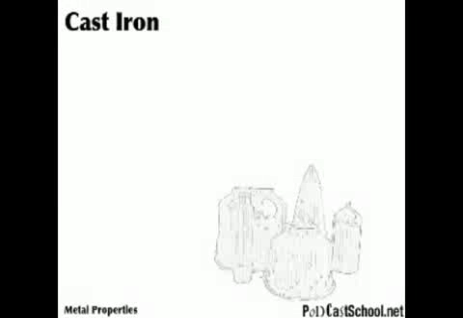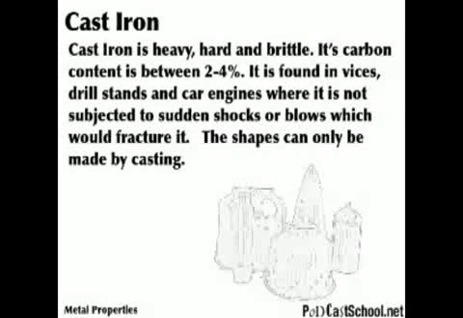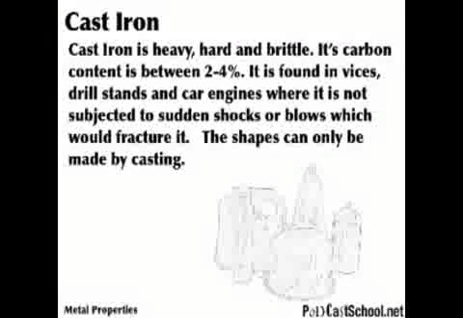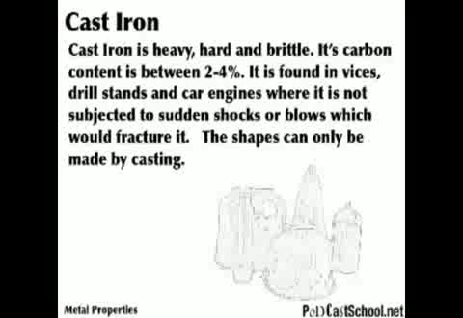Cast iron is a type of steel, just as before, but it's got an extremely high carbon content, between 2 and 4%. Alright? The reason for that is, by adding the carbon, it lowers the melting point. And by lowering the melting point, obviously we do not need a furnace as hot to melt it and to shape it.